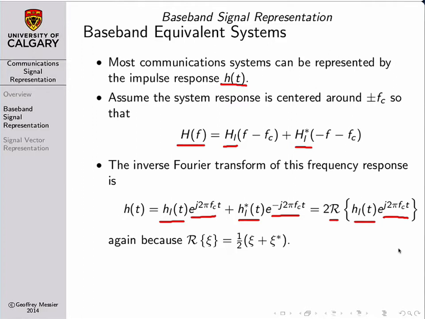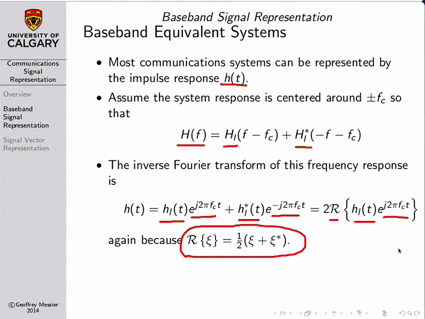Again, because we're using this identity. Now, this is going to look super familiar, right? Because this looks exactly like the sort of notation that we use to represent the baseband equivalent signal a couple slides ago, and that's not an accident.